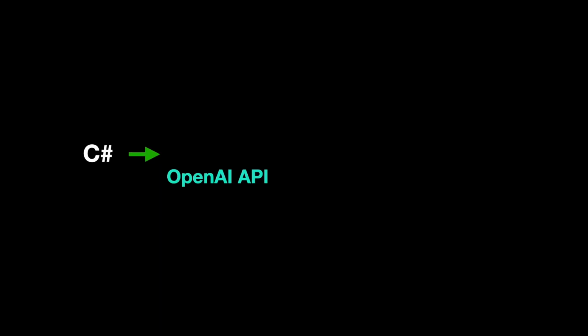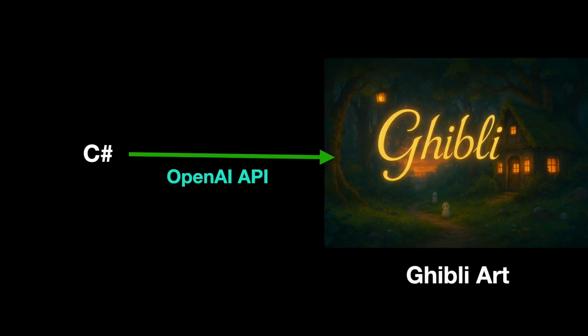But you would be surprised to ask why we are talking about this in our video. Most of the time in our videos we talk about C#.NET, but today it's a surprise, and I'm very enthusiastic to tell you that today we are using the ChatGPT API through C#.NET and creating Ghibli images.